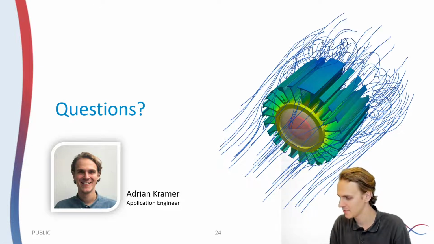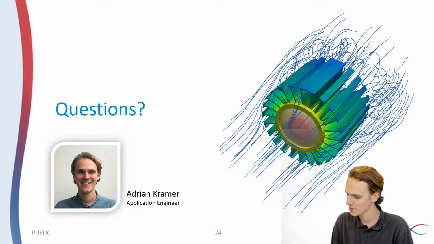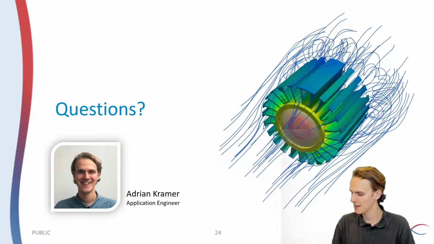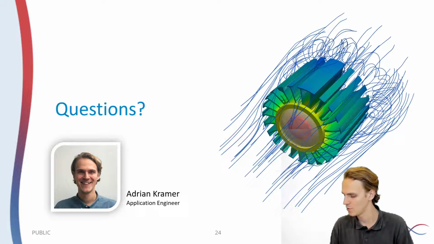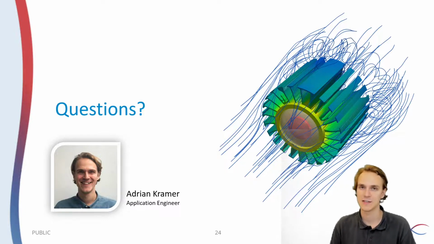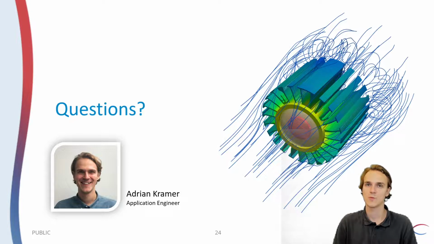All right, taking the first question here: you showed a case setup for a natural convection case. Can I also do this if I have a fan helping to cool my heatsink? Yes, indeed. To switch from natural to forced convection, it is actually quite convenient. You just have to adjust the boundary conditions slightly.